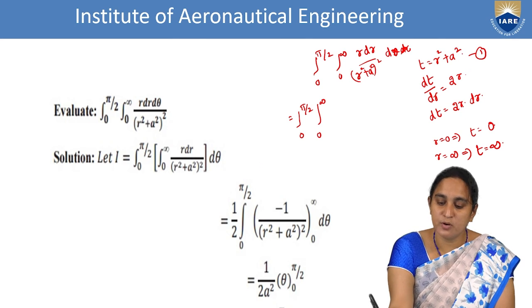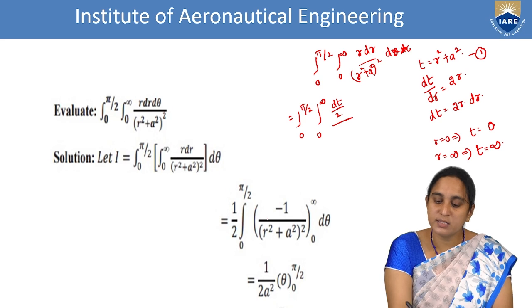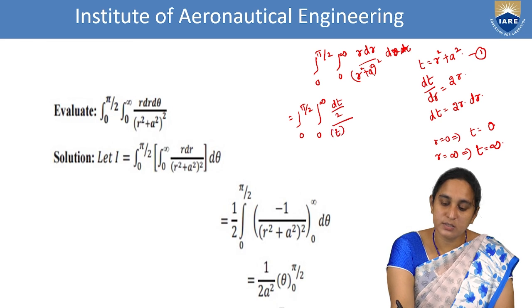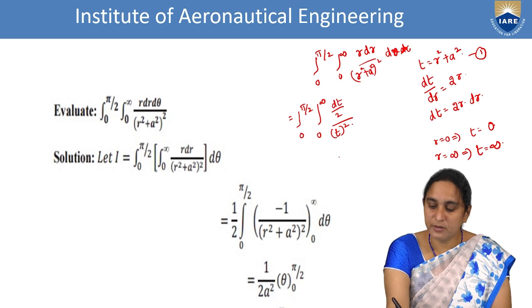2r dr means dt. That means it is dt by 2, divided by r square plus a square, which is t square. From that, integral 0 to pi by 2, and I am taking 1 by 2 outside, and 0 to infinite dt by t square.